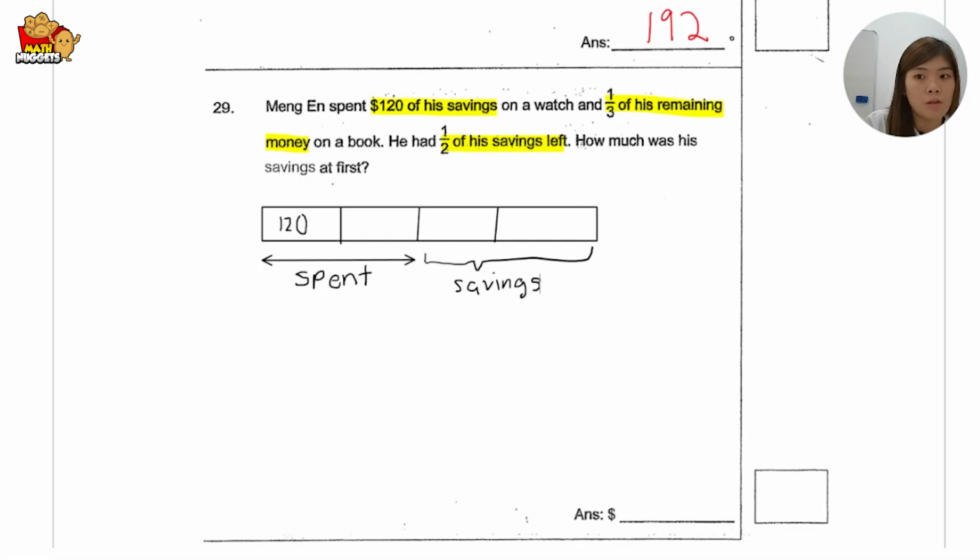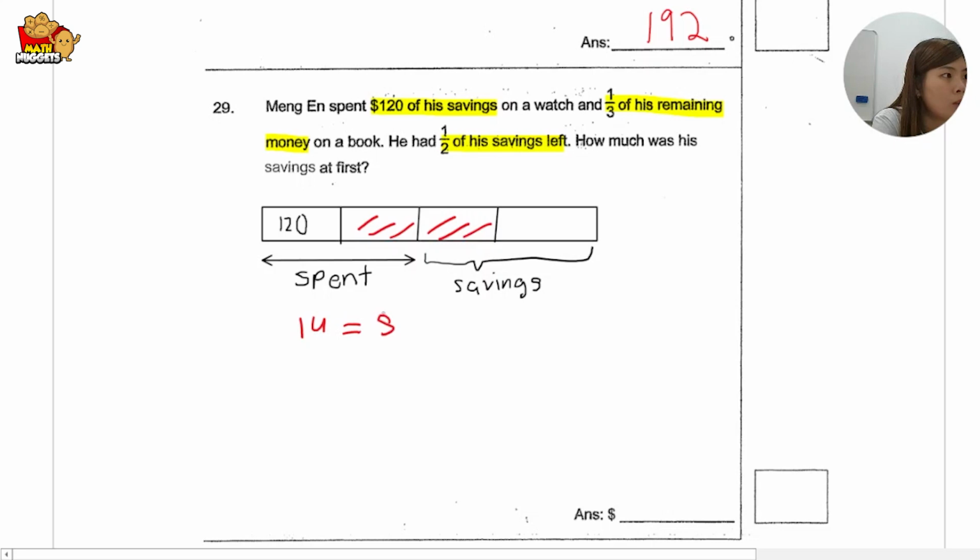So since this savings is the same as how much he has spent, correct? And these 2 units, this is the same as this, so that means 1 unit is equal to $120, because spend equals savings.